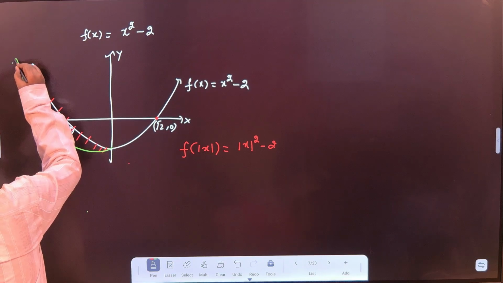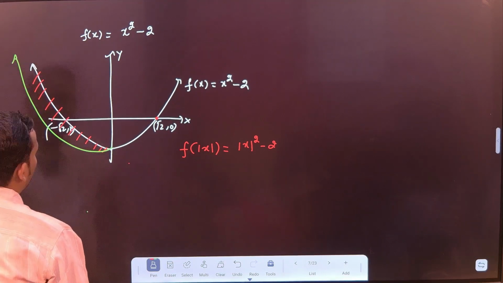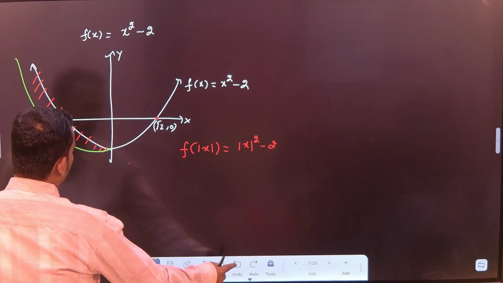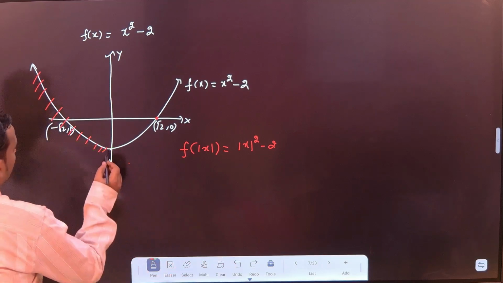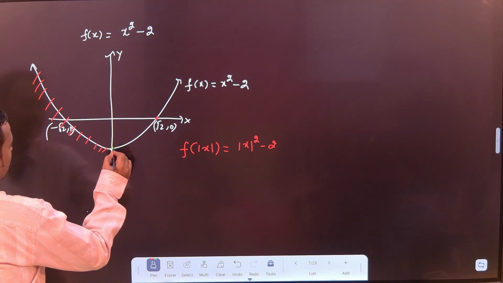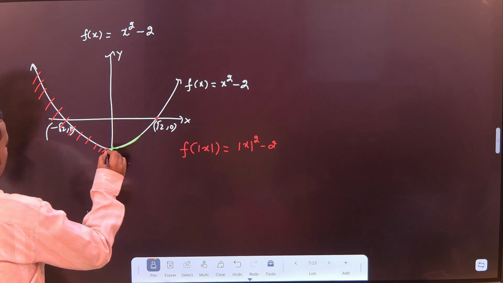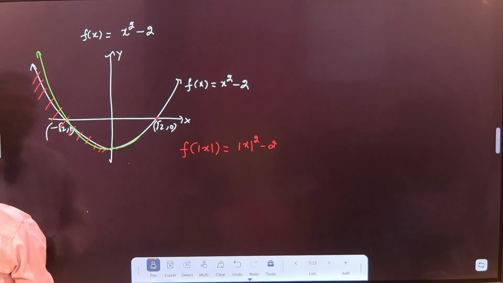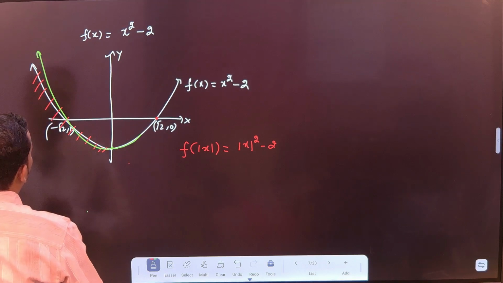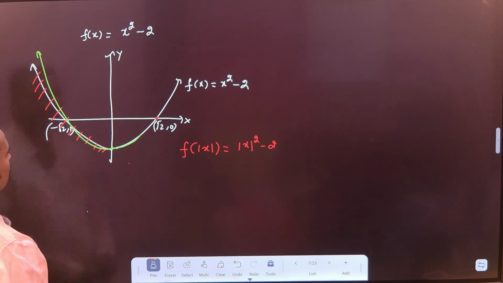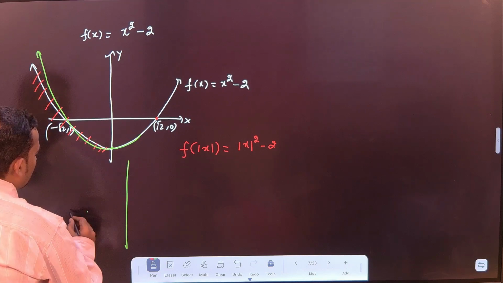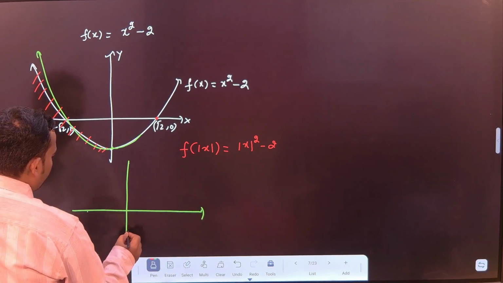Clear? I'll remove this once again. Whatever the right side, you can see this graph will be like this. Understand?